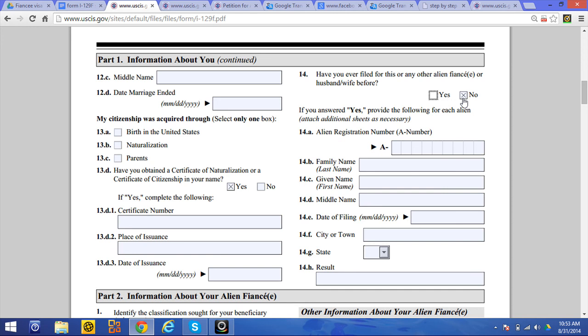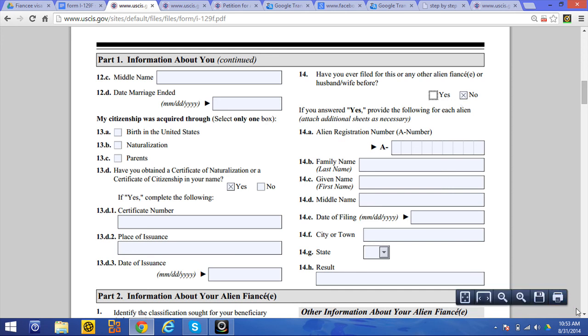But don't lie. If it's one time, you just click yes. They may understand that the first time you got a fiancé it didn't work, and now you're going to try to get another one. They will understand the second time. But the third time, they will need to check whether you're not making business by trying to get a fiancé visa for a fiancé abroad.